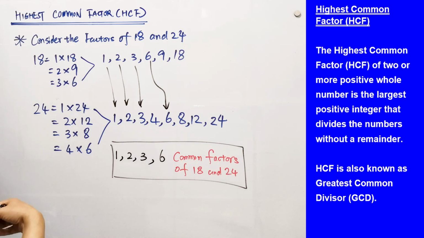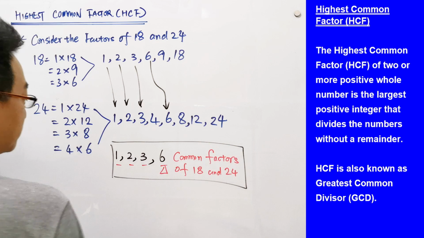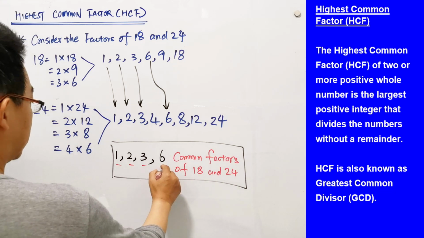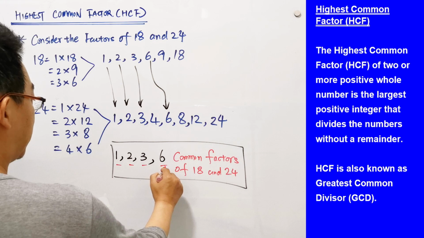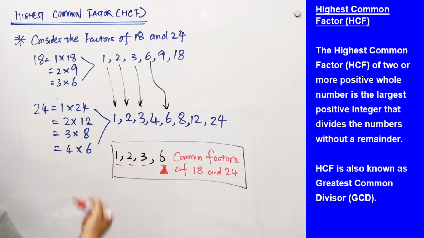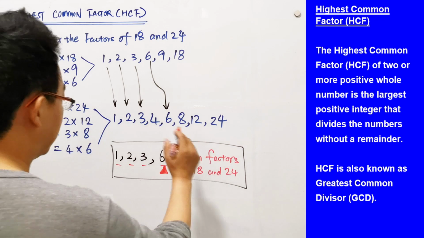Okay, so let's explore. Inside this, 1, 2, 3, 4... so 6 is the largest common factor. Okay, 6 is the largest common factor. So in this case, we say 6 is the highest common factor of these two numbers, 18 and 24.